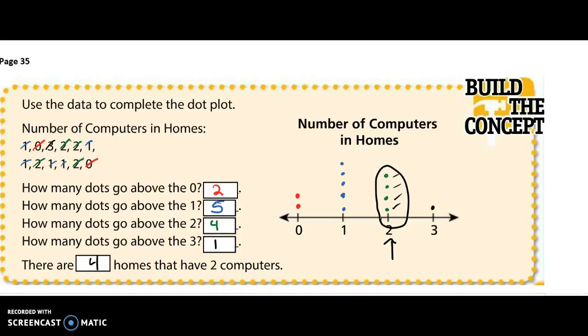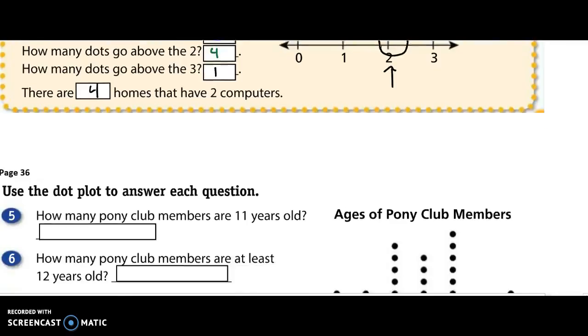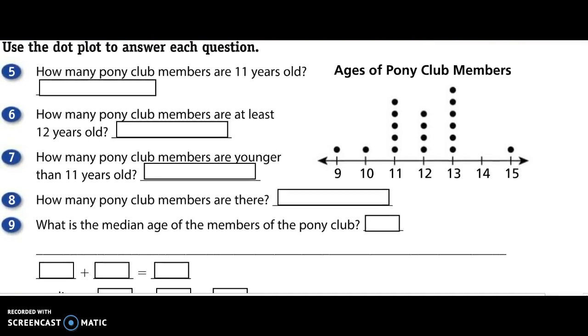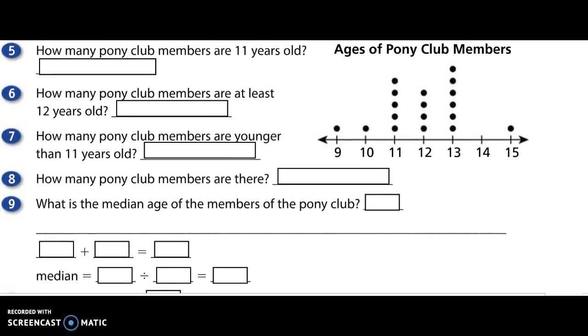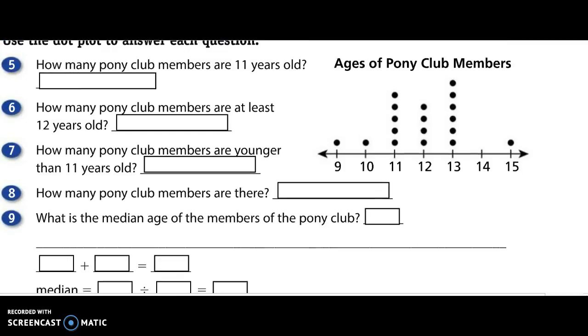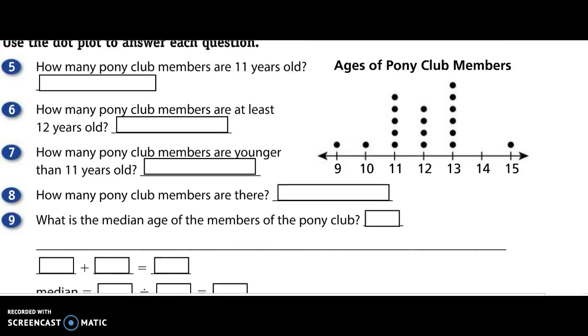Go ahead and turn the page to page 36. We're going to use the dot plot to answer these questions. Firstly, we should always take a look at our dot plot and look at what we're dealing with. Our title is Ages of Pony Club Members.